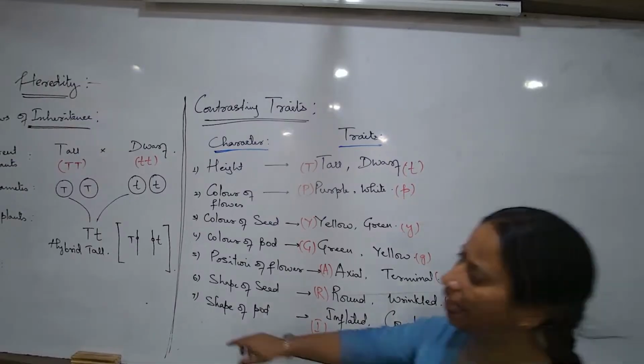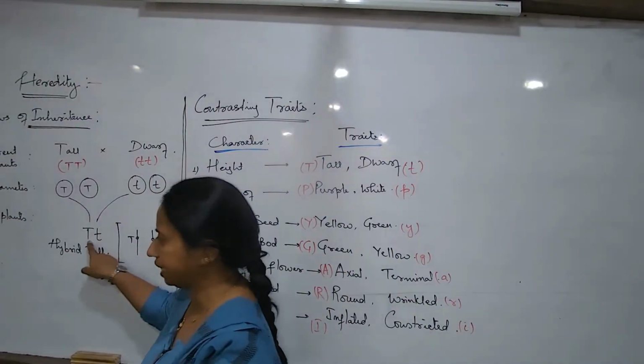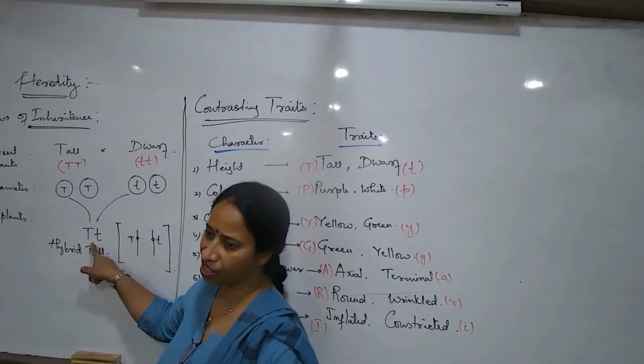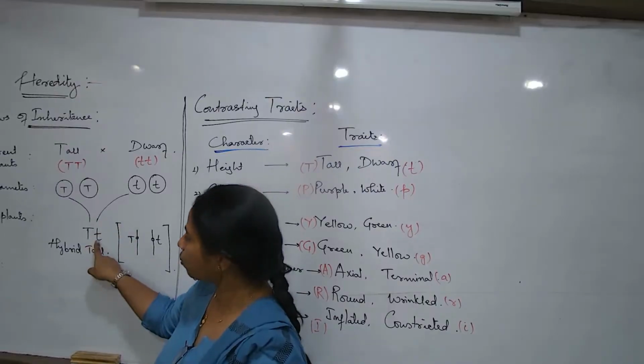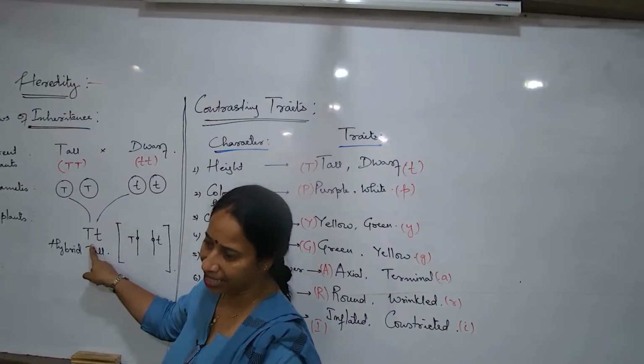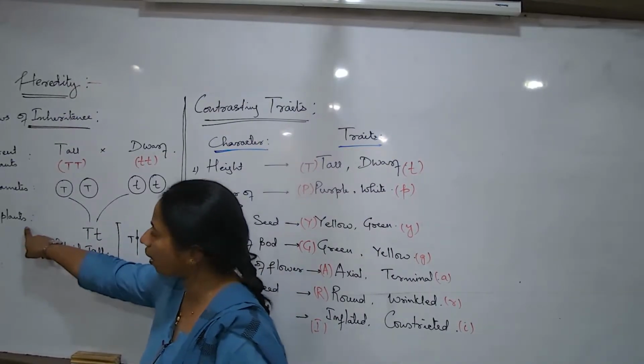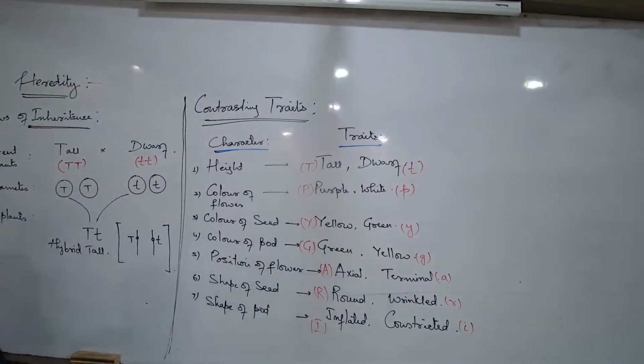Contrasting मतलब opposite. Out of a pair of contrasting alleles in the F1 generation plants.